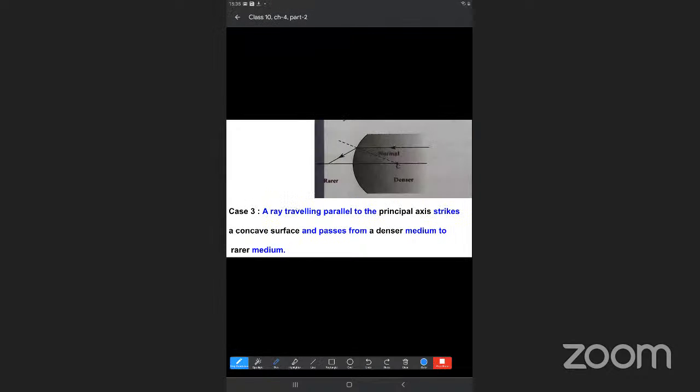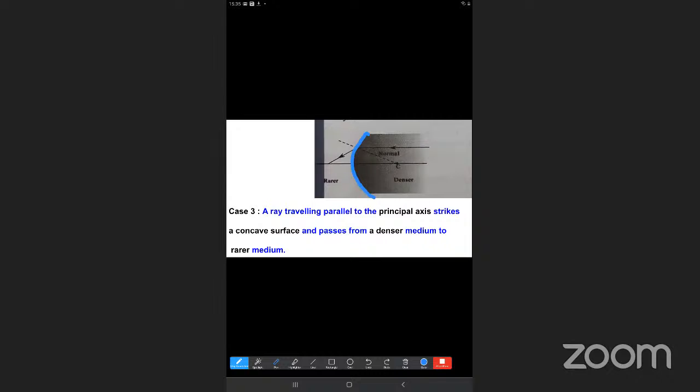Now, case 3. So when a ray traveling parallel to the principal axis, you can see here, this is the ray parallel to the principal axis, strikes a concave surface and passes from a denser medium to rarer medium. Here, this is the interface separating two media.